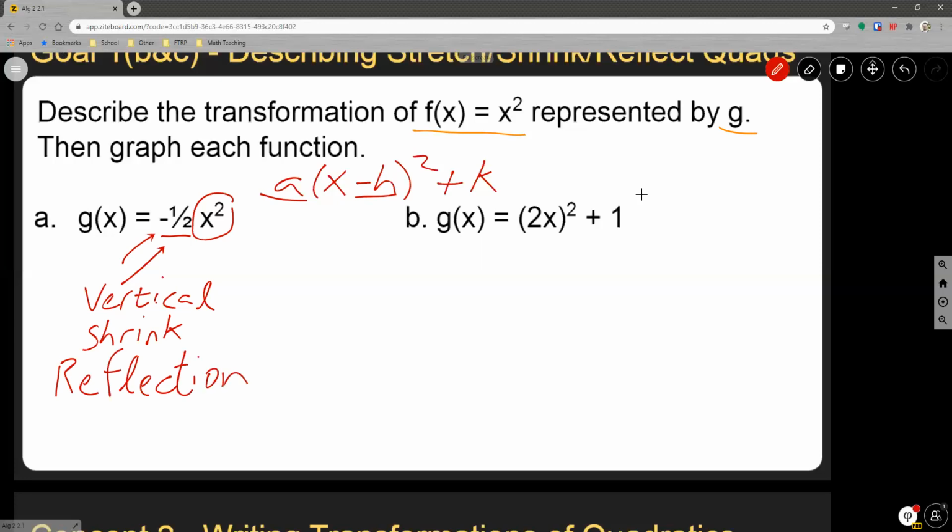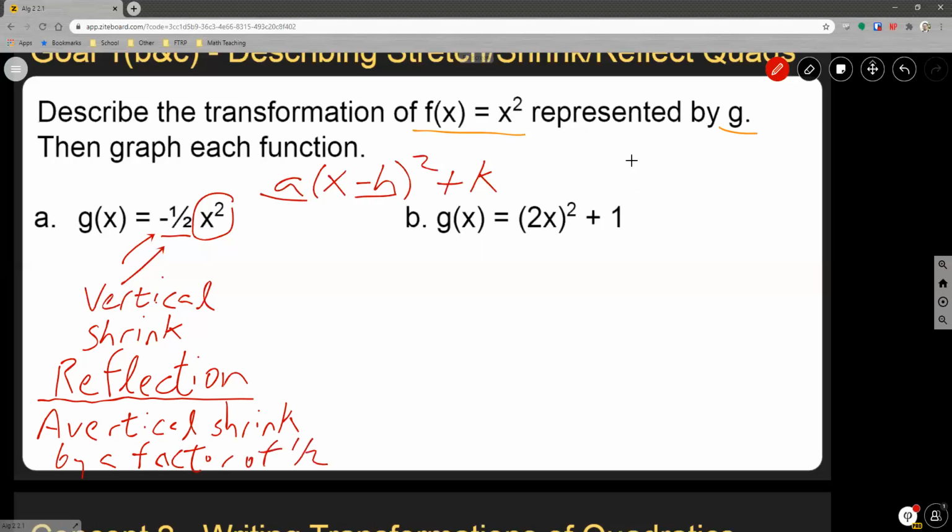So if I wanted to describe the transformation, it would just be a vertical shrink by a factor of 1/2 and a vertical reflection.